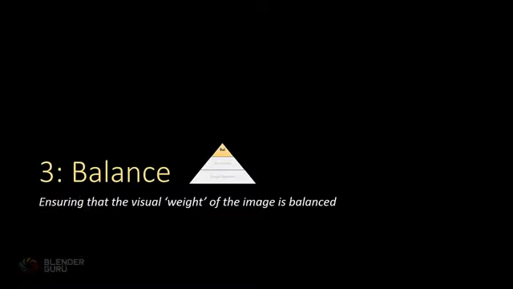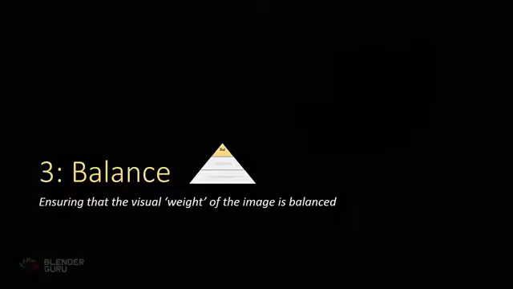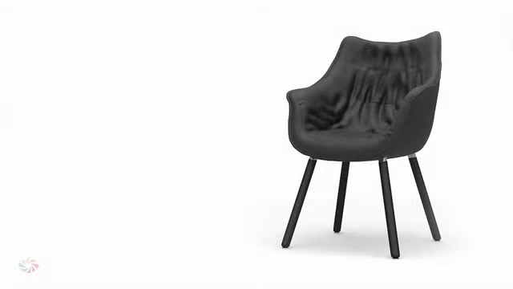Last of all, we'll talk about the balance. The balance of the image is all about ensuring that the visual weight of the image is evenly displaced, making sure that you don't have something that's so heavy on the left-hand side or up top or whatever. So, as an example, this is a very unbalanced scene, okay?